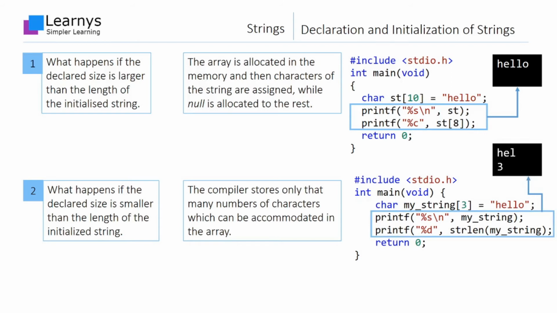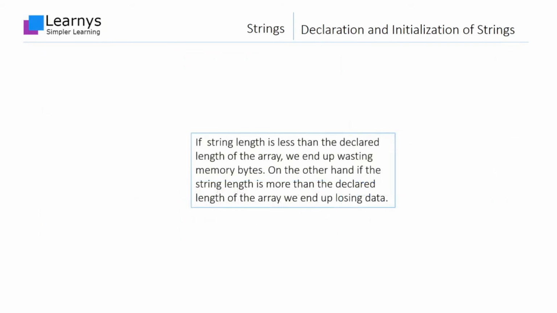The output of the print statements will be HEL and 3 respectively. If the string length is less than the declared length of the array, we end up wasting memory bytes. On the other hand, if the string length is more than the declared length of the array, we end up losing data. Both of these problems can be addressed by dropping the array size parameter altogether.